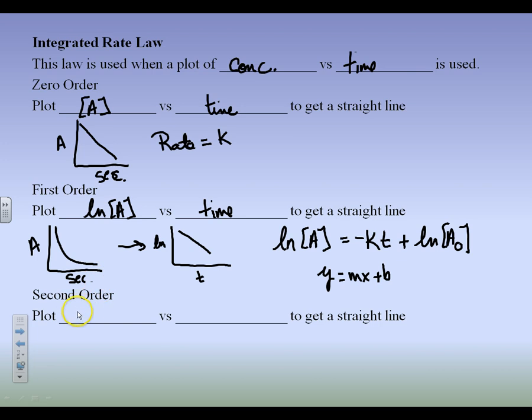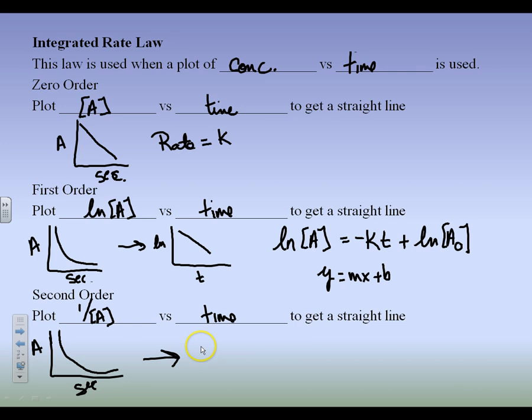Second order reactions. We're going to plot 1 over the concentration of A versus time. Reason being here, again, if we plotted concentration versus time, usually in seconds, the second order reaction is going to look kind of like the first order reaction, but it goes like this.